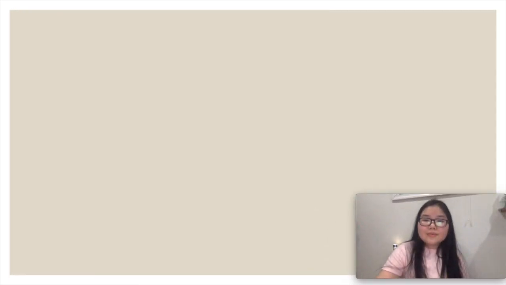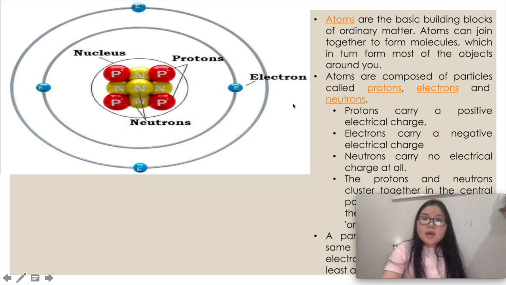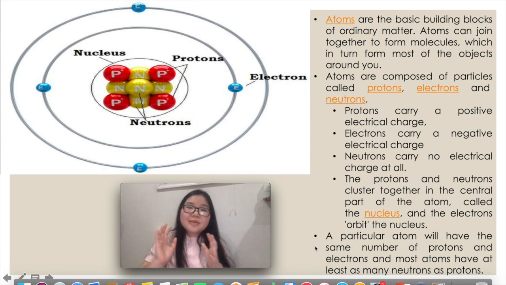So let's move on. This is another picture of an atom. It includes the nucleus, neutrons, and electrons around the nucleus. Atoms are the basic building blocks of ordinary matter.